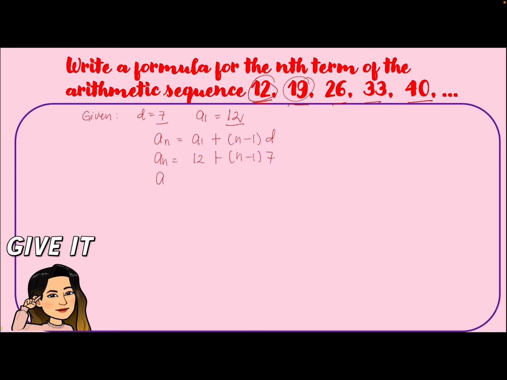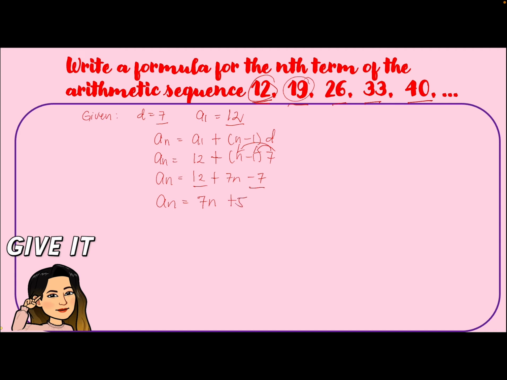And then we have a sub n is equal to 12 plus, by using the distributive property, 7 times n, so we have 7n, and then 7 times -1, -7. And then combine like terms, so 12 and -7. So we have a sub n is equal to 7n, and 12 plus -7, that is +5.